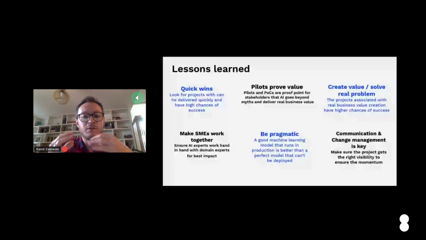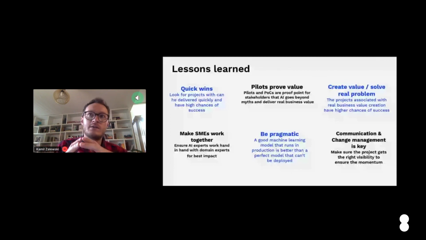At the same time, I've spoken already quite a bit about the pilots and POCs. These are the best ways to actually prove the value of an AI project. And again, having a successful pilot can lead to a successful full-blown project later on.